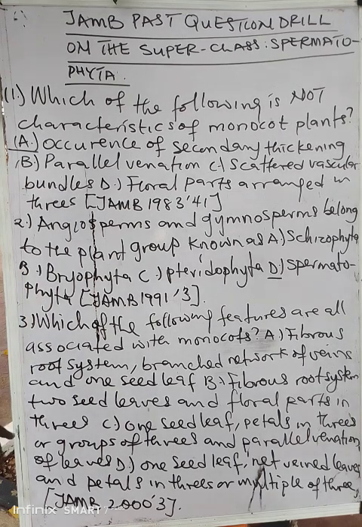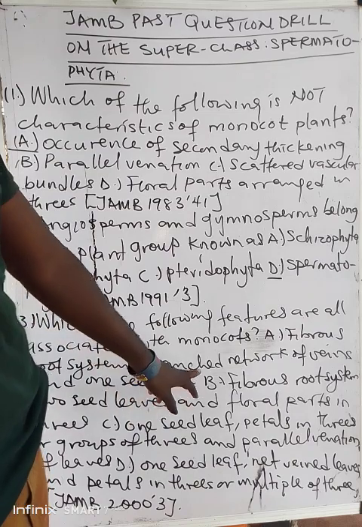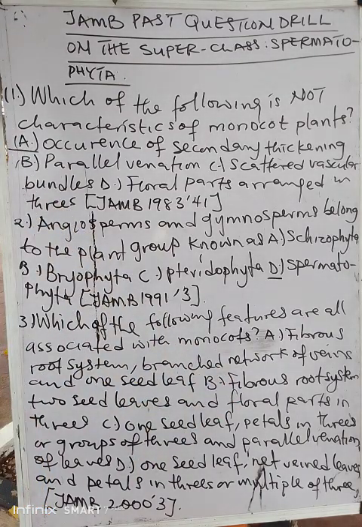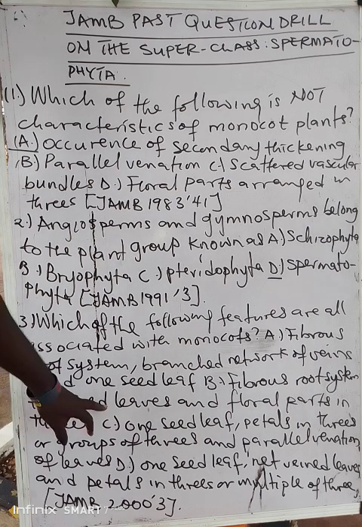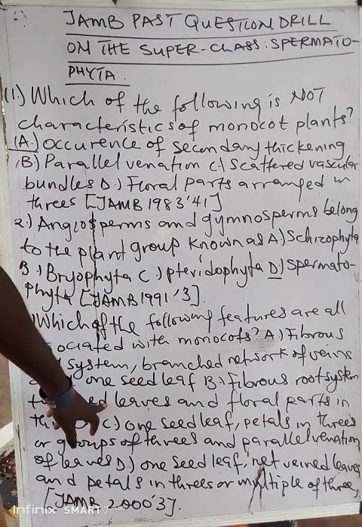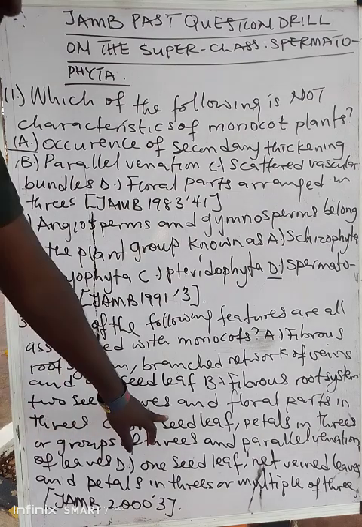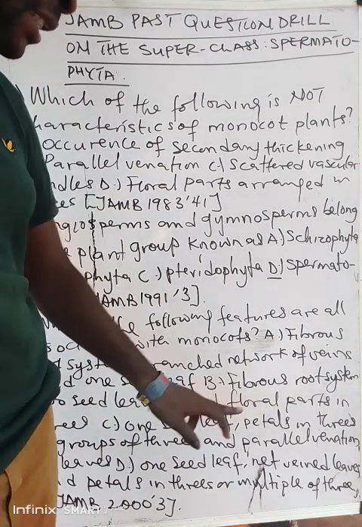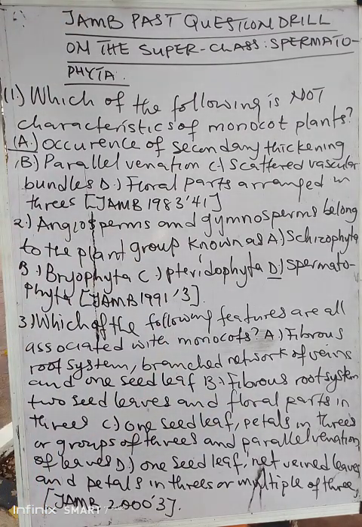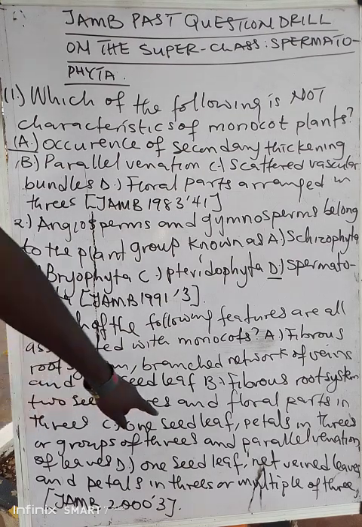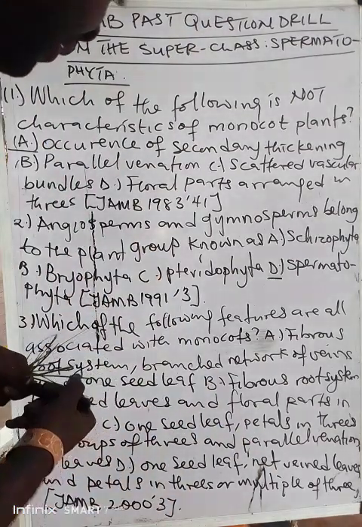And one seed leaf, they have one seed leaf. Then next one is fibrous root system. Yes. Do they have two seed leaves? No. It's dicot that have two seed leaves. So option C. One seed leaf, yes. Petals in threes, yes. They have petals in threes. And parallel venation. So the answer is C.